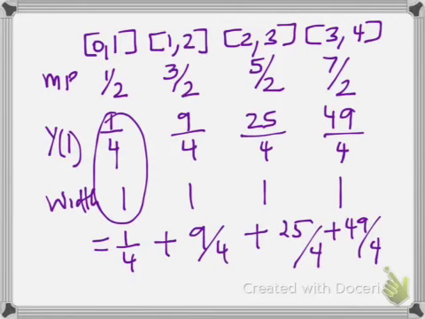And if I add them, 10, 25, 35, plus 49, it's 84/4, which is 21, which so far is the closest, even closer than the average that we calculated, right? So far, the best approximation is the midpoint.